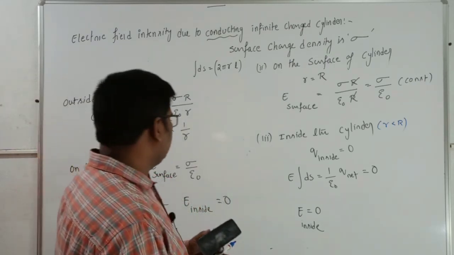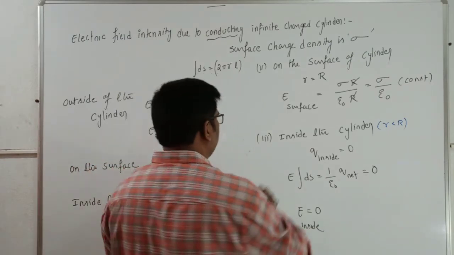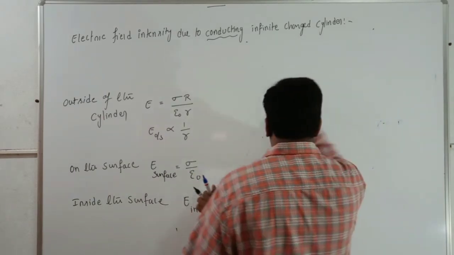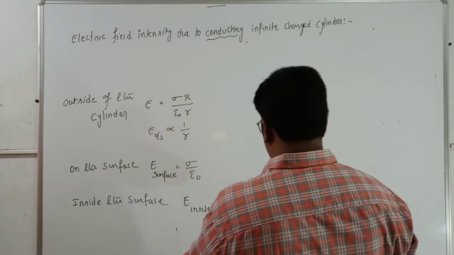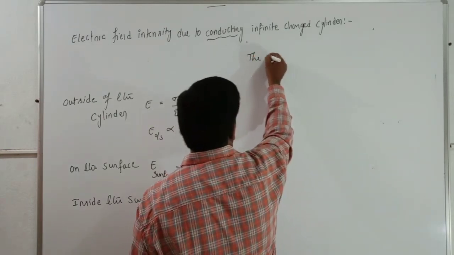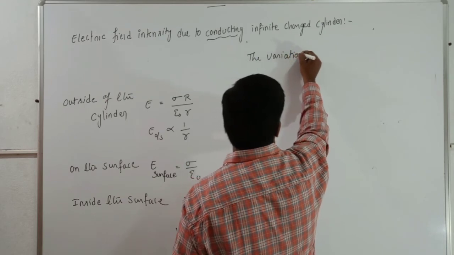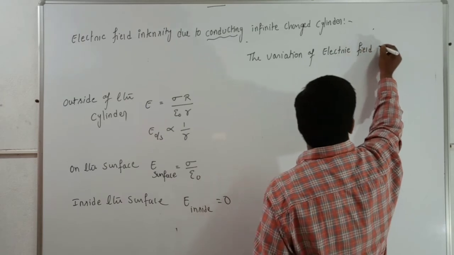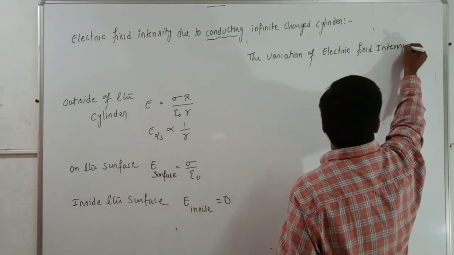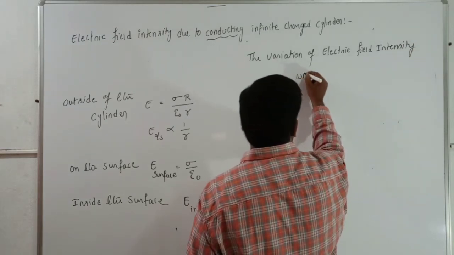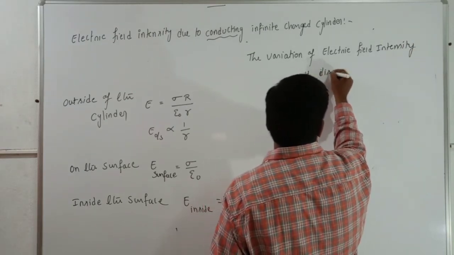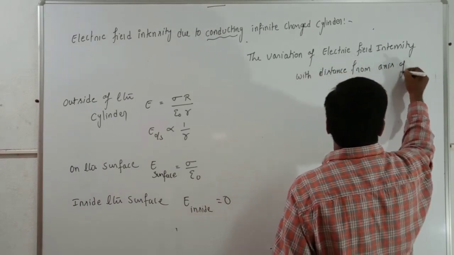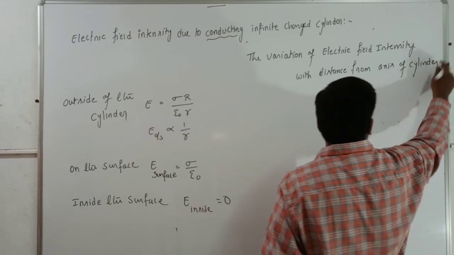Now if you represent this graphically, it is the variation of electric field intensity with distance from the axis of the cylinder.